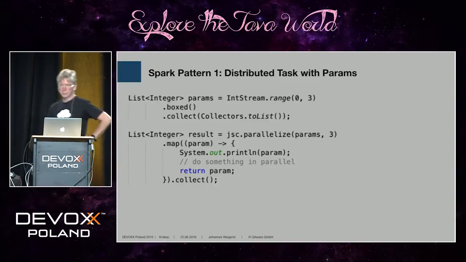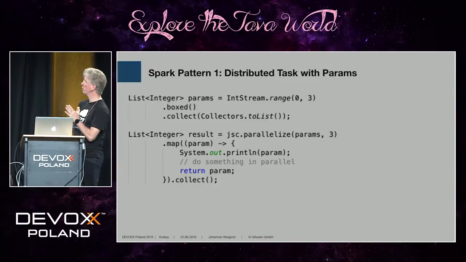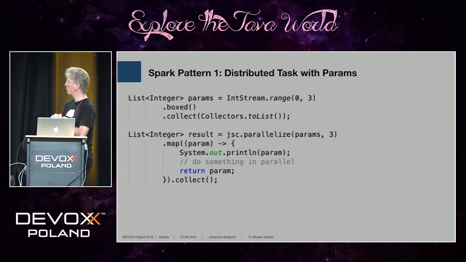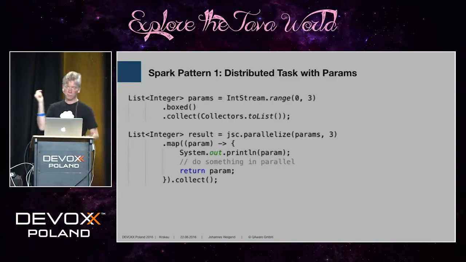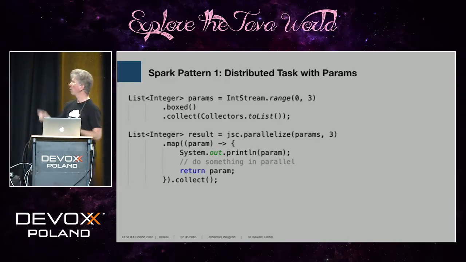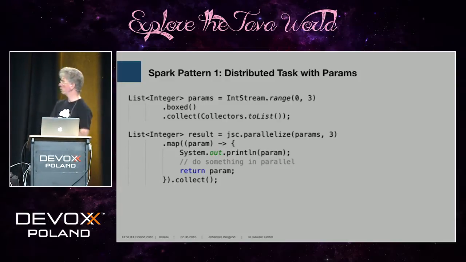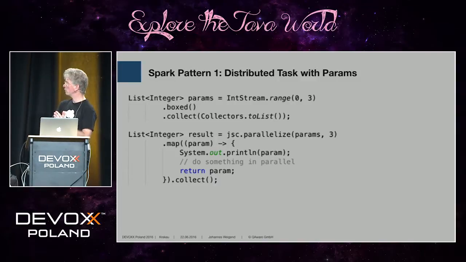That's an interesting thing. You can distribute tasks with params. I use params here. I make a stream of integers, 1, 0, 1, 2. And I call the Spark context parallelize with this collection, which is a normal Java collection.